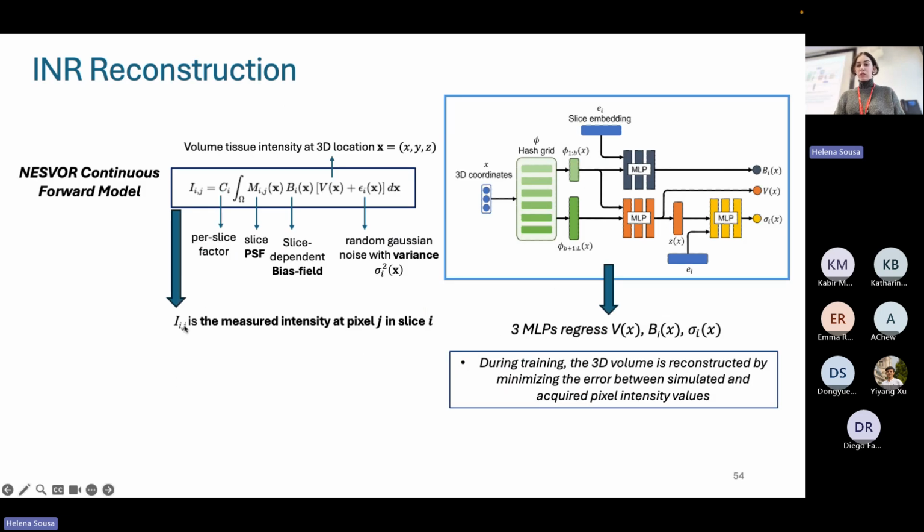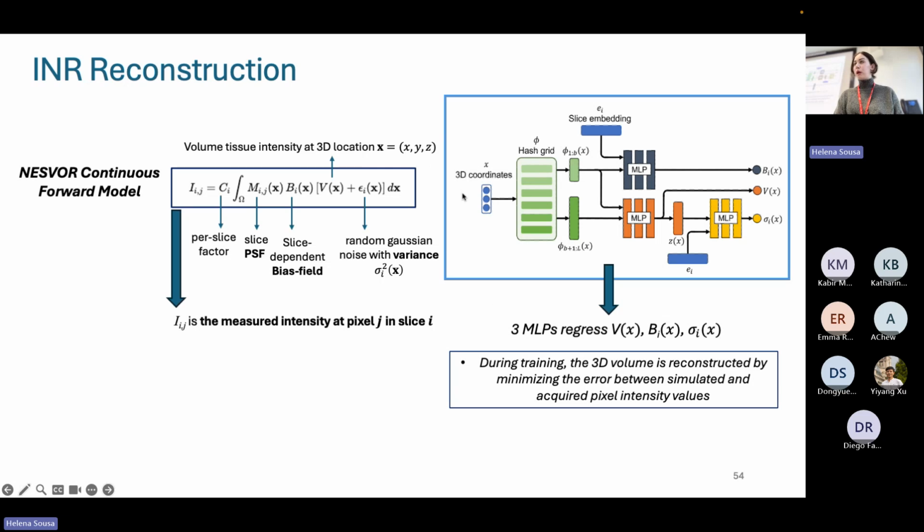So to reconstruct the 3D volume, it takes this continuous forward model instead of the discrete formulation that we have in classical methods. The difference here is that our volume, bias field, and noise are now modeled as continuous functions of the 3D spatial locations, and NESVOR treats these as learnable functions parameterized by these 3 MLPs that you can see here.